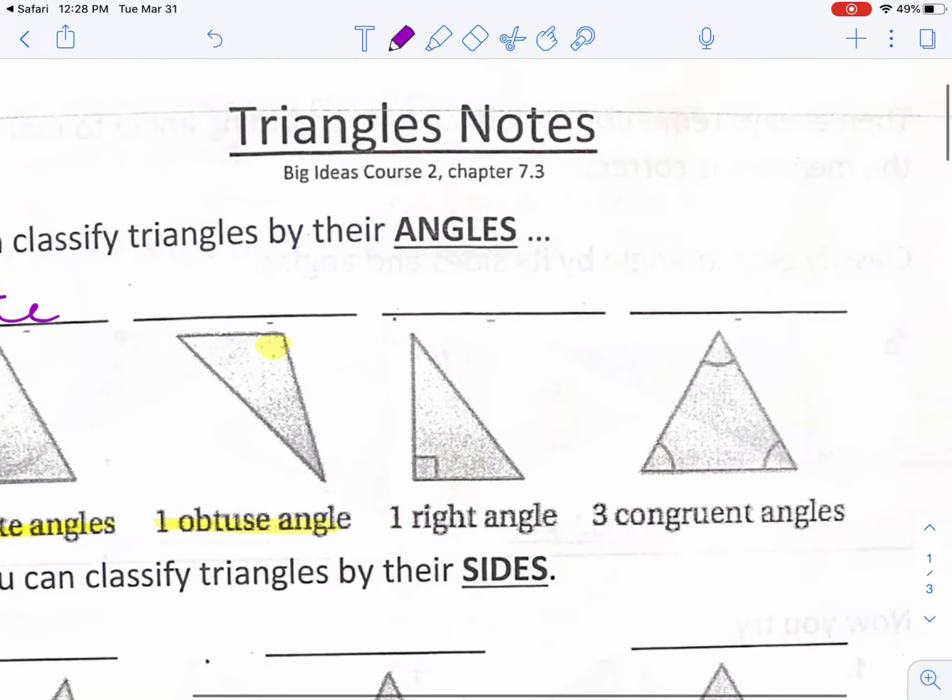The middle one, there are 2 sides that have the same measure. When there are 2 sides that have the same measure, we identify this as an isosceles triangle. And then on the last one, there are 3 measures that are congruent, 3 measures that are the same.